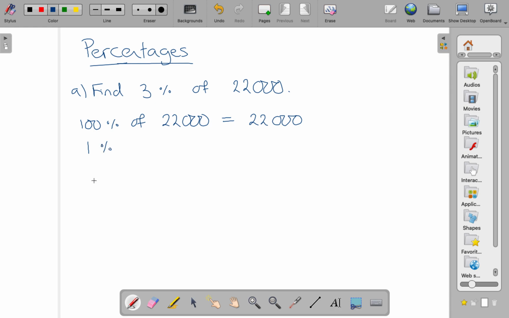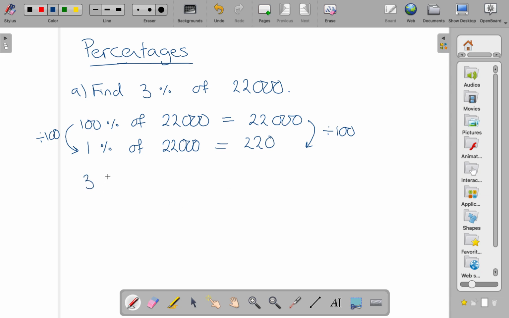So 1%, to go from 100% to 1%, we have to divide by 100. So 1% of 22,000 is whatever 100% is, but divided by 100. So when we divide by 100, we remove 2 zeros. So we end up with 220.